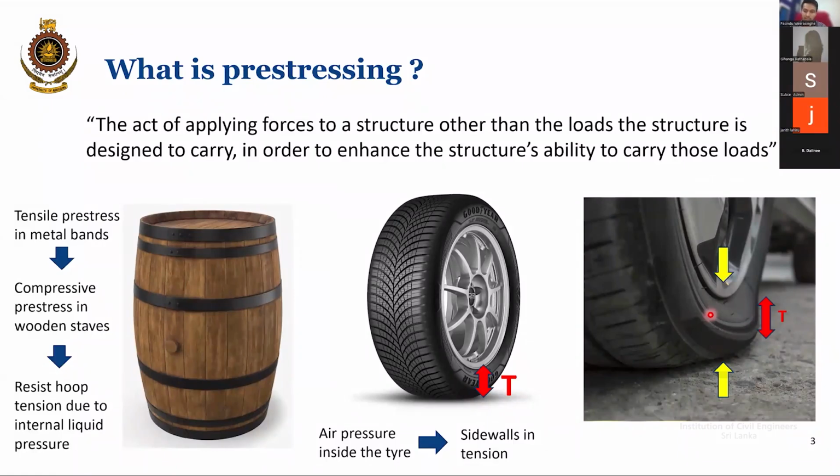So it has actually reduced the overall compressive stress that can be applied on the tire because of this initial air pressure inside the tire. Again, an example of how a pre-stress applied on the structure enhances its load carrying capacity. So now the wheel can carry more compression because initially it started from a tension. If it started from zero stress, it would be purely in compression.